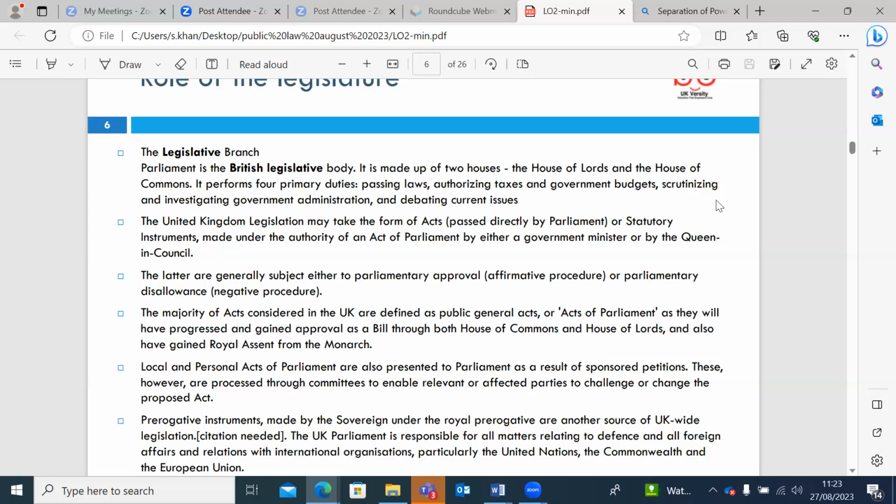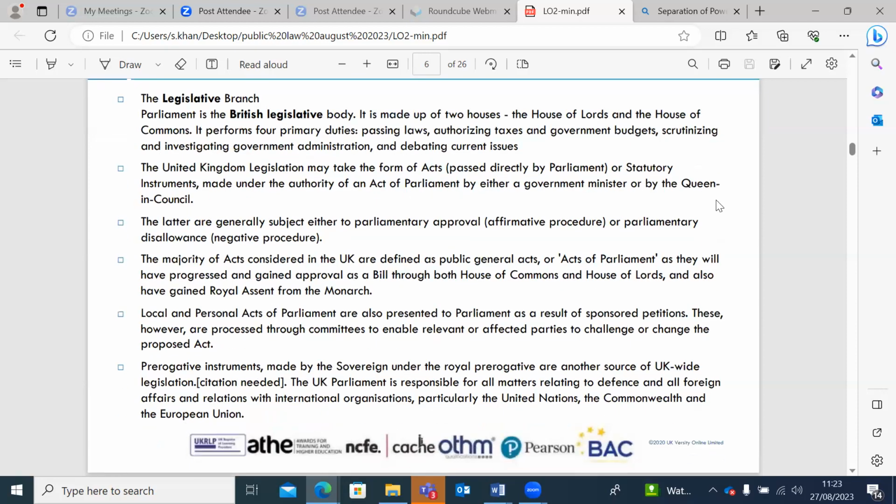The local and personal acts of Parliament are also presented to Parliament as a result of sponsored petitions. These, however, are processed through committees to enable relevant or affected parties to challenge or change the proposed acts.